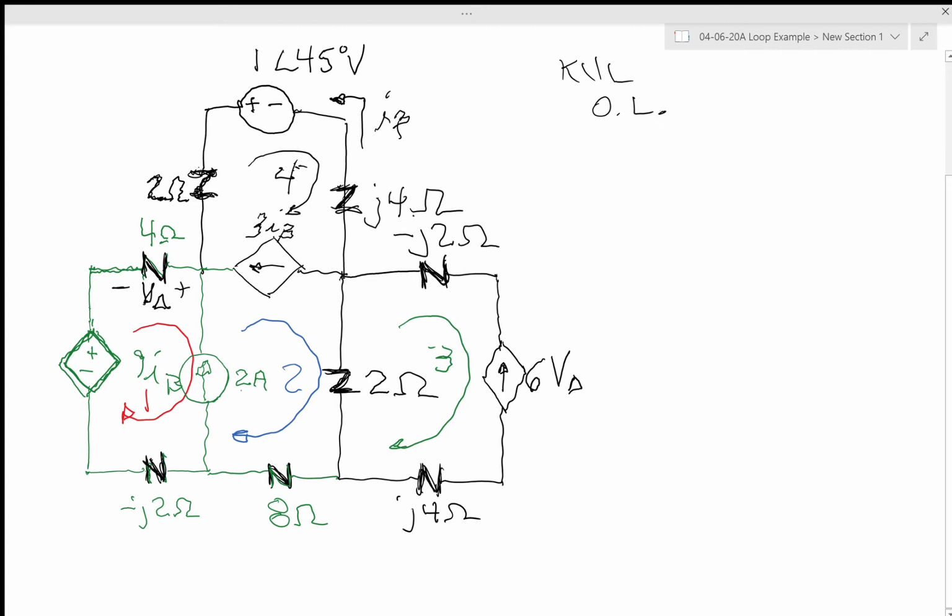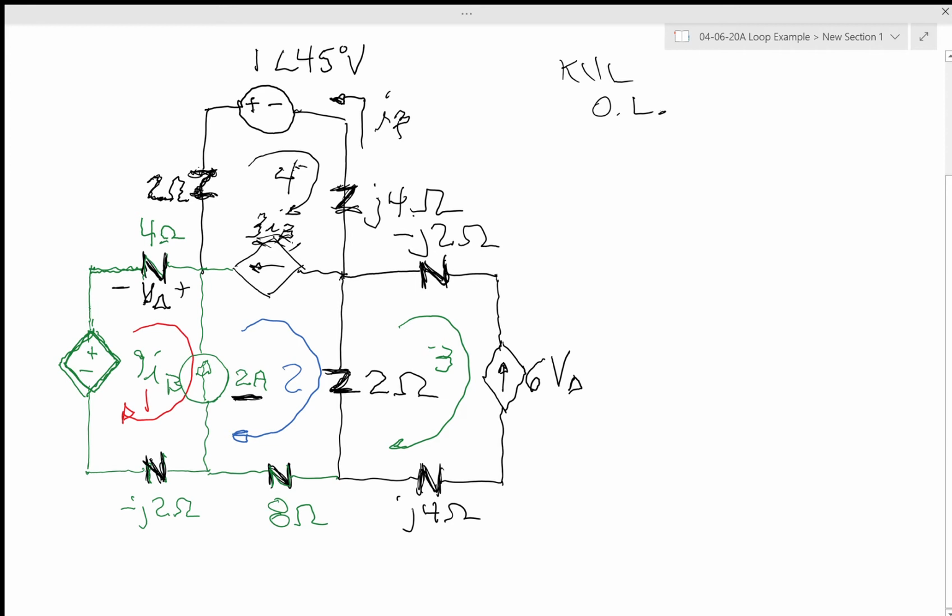I see that this 2 amp source right here touches both I1 and I2. So that is going to be a super loop equation in terms of I1 and I2. And I come over and I see that the 3Iβ source uniquely defines I4 and I2.